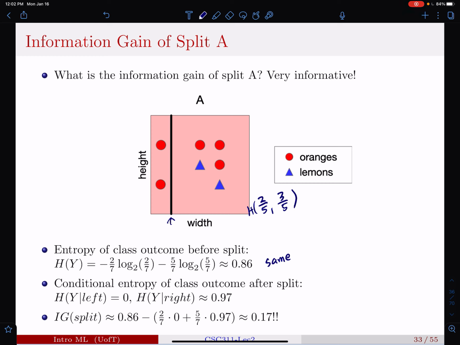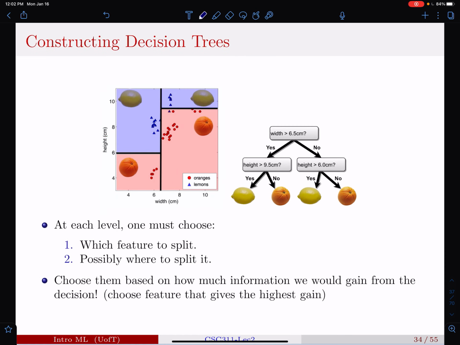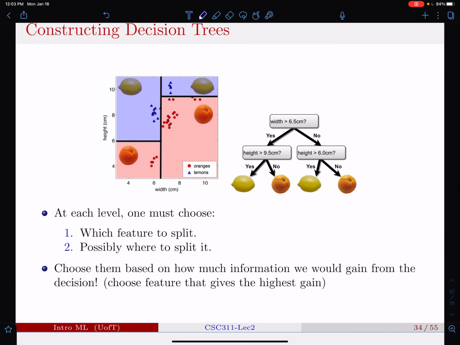Is it arbitrary? It's not arbitrary. We're going to use our data and this information gain metric to decide how to construct the decision tree.